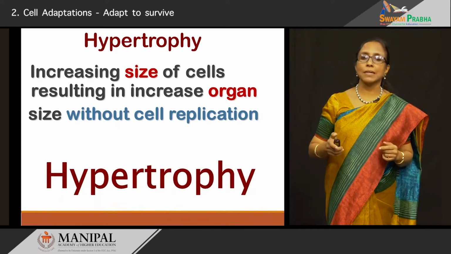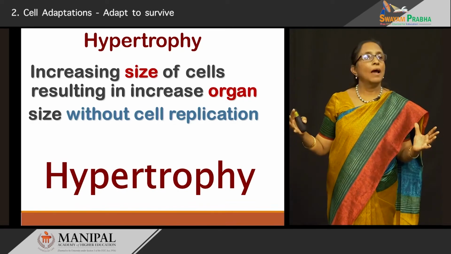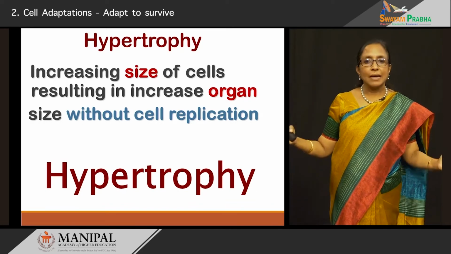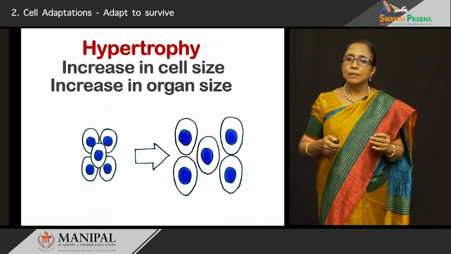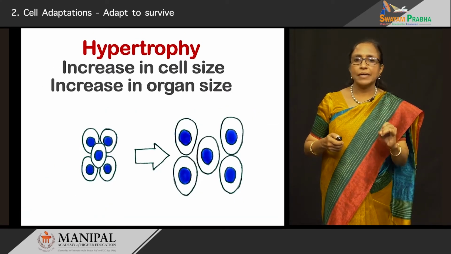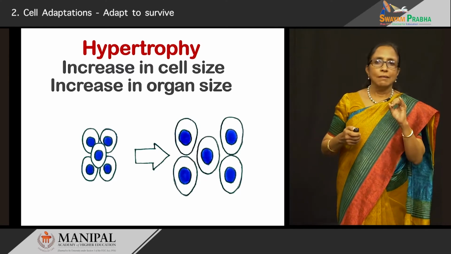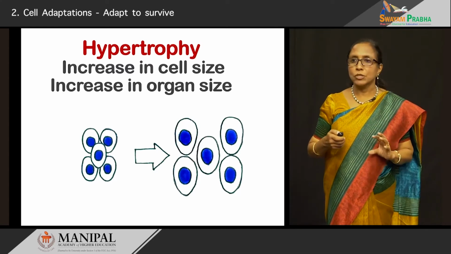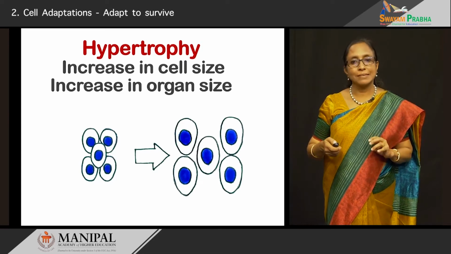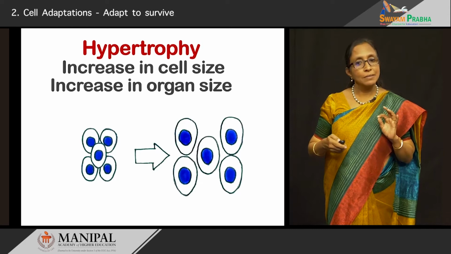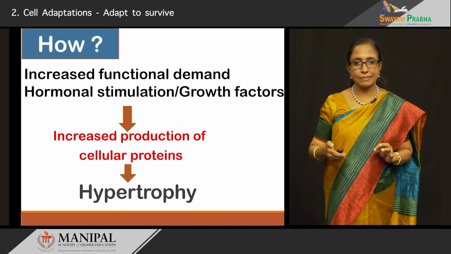So, it is something like this: hyper, a big size of the cell. Again, to simplify it in a pictorial form, there is an increase in size, an increase in the organ size. The number is the same, the size increases.